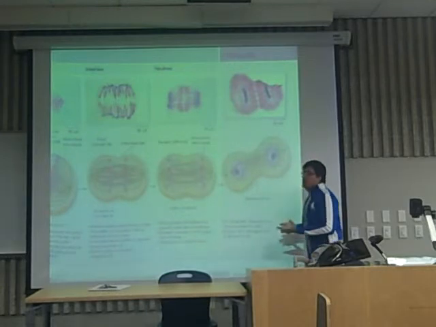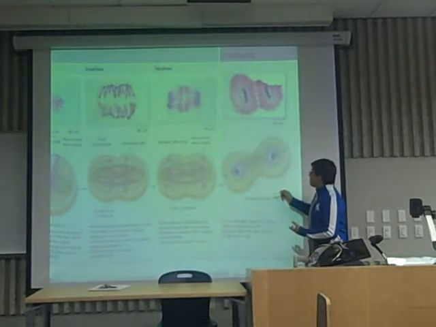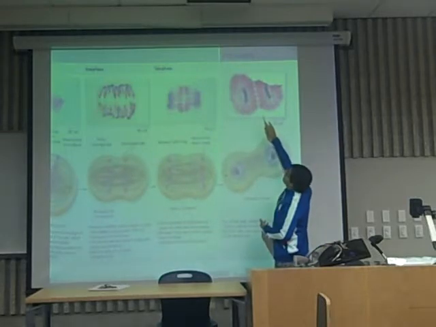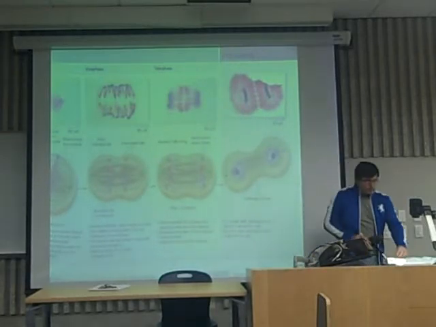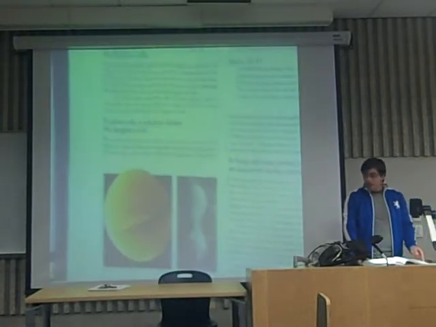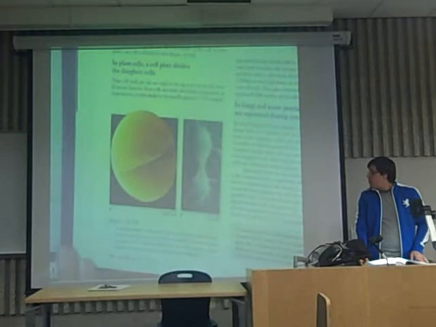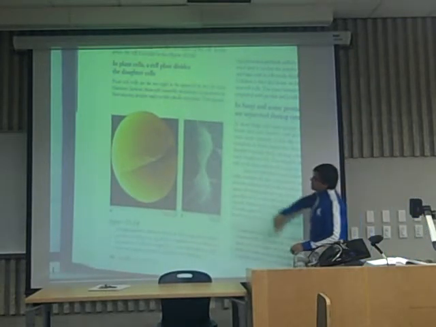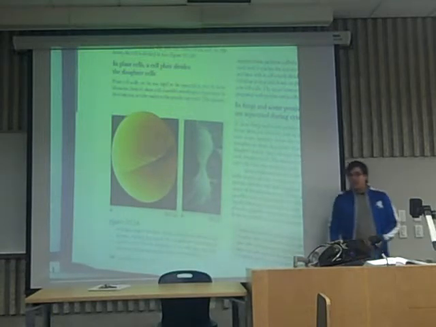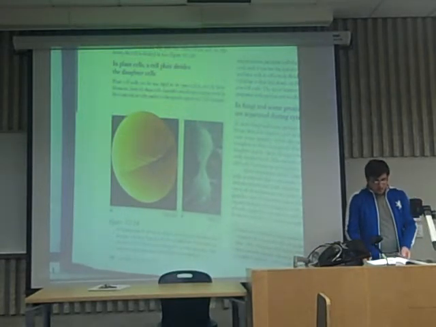And here in animal cells, we actually form the cleavage furrow, which we can see depicted here in a stained cellular form. And here we have the cleavage furrow as well in two separate micrograph depictions. That is the cleavage furrow that happens in animal cells.